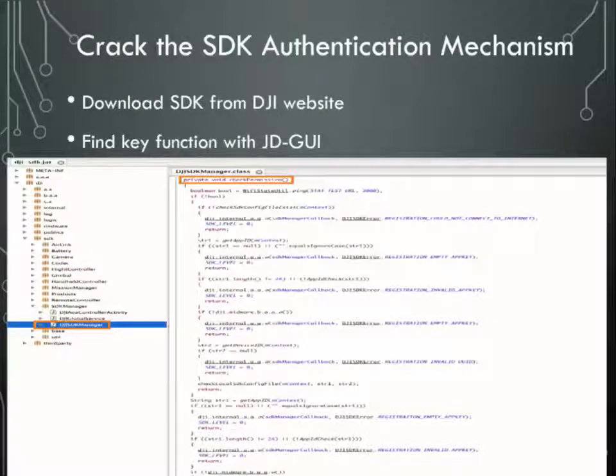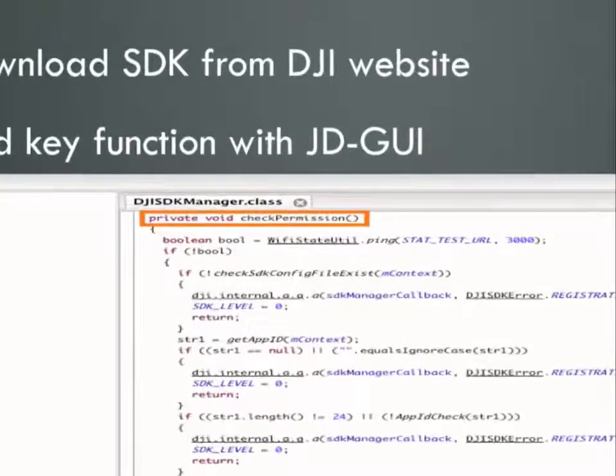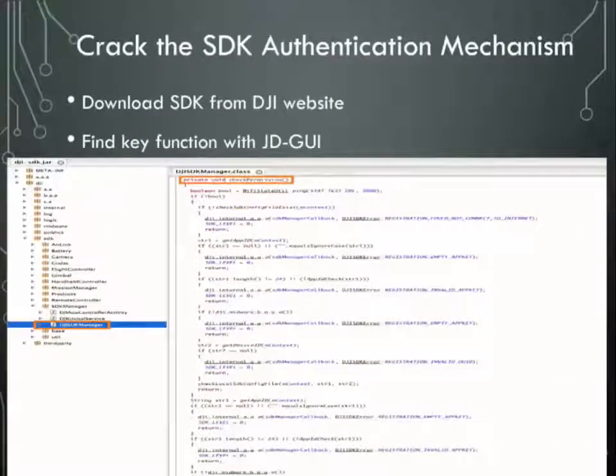You can find the key function with JD-GUI, and I found a function called check permission. It is called when you open the app. So we just need to patch this function, then we are able to bypass the authentication mechanism.